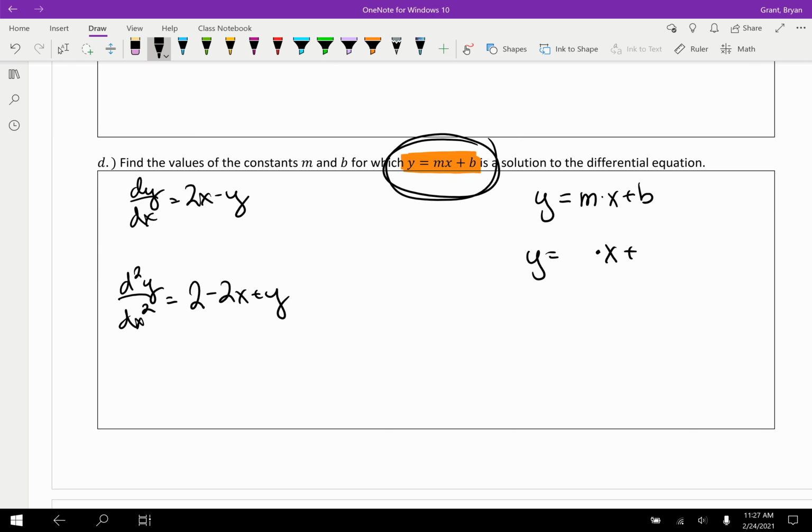How curved is a line? Oh, that's right, not at all. So if this line is a solution, it means that there is no concavity, or that the second derivative must be 0.